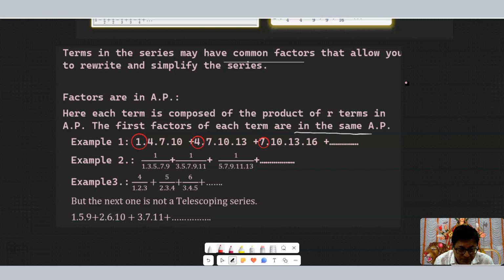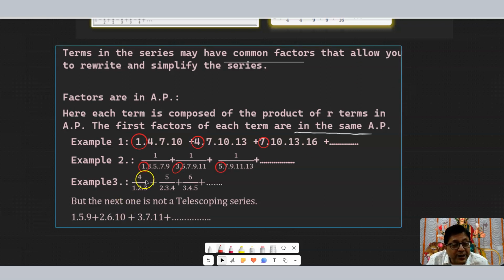Similarly for this one, the terms are in the denominator, but you can see that 1, 3, 5, 7, 9, 11, 13, they are in arithmetic progression. And this first term 1, 3, first terms here, this one 5, they are in AP. So this is a telescoping series.